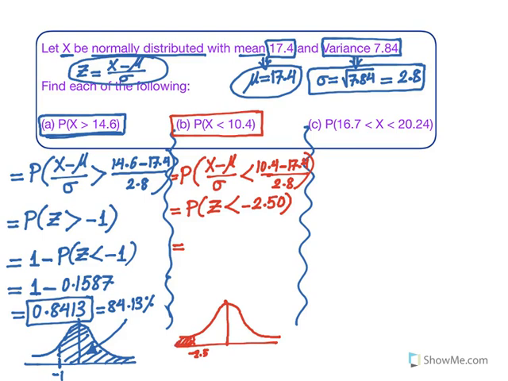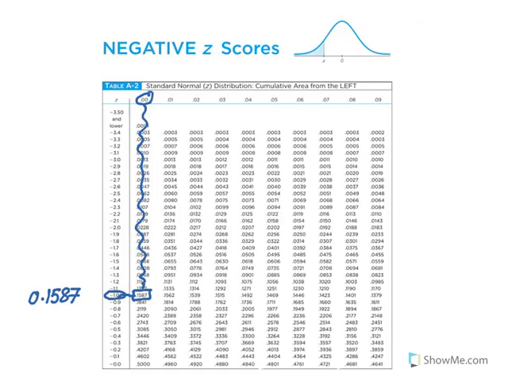So this is the area that we want. We expect it to be small. So let's go to the z-table and see -2.5. -2.5 is here, and 0.00. This will give us the number, which is 0.0062.